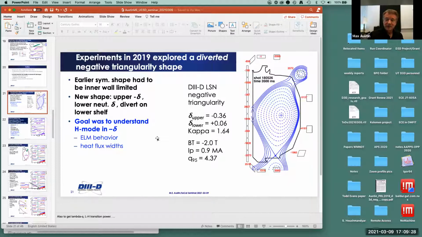Zonal flows? Not off the top of my head. All I know is, I looked at one point, and I thought, if you keep a D3D discharge with positive triangularity in L mode with high power, you always see the geodesic acoustic mode, you see GAMs. Originally I didn't see any GAMs in negative triangularity.